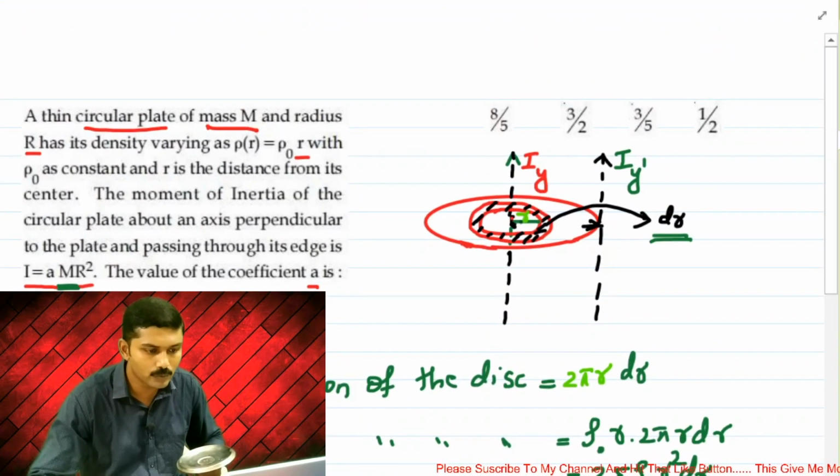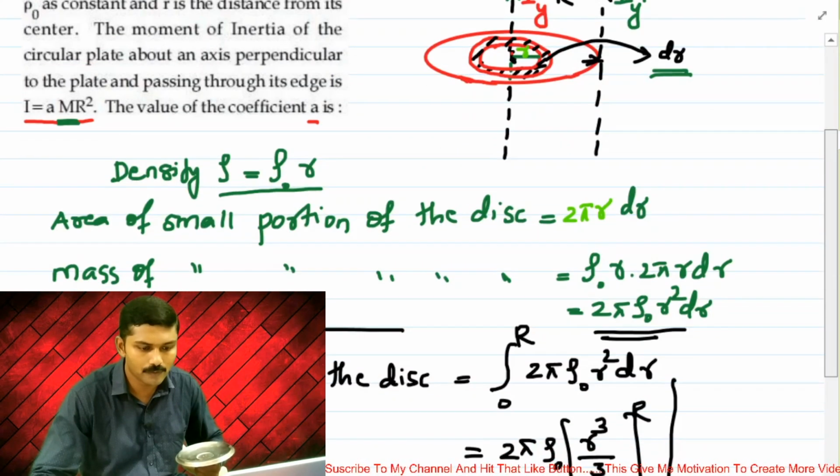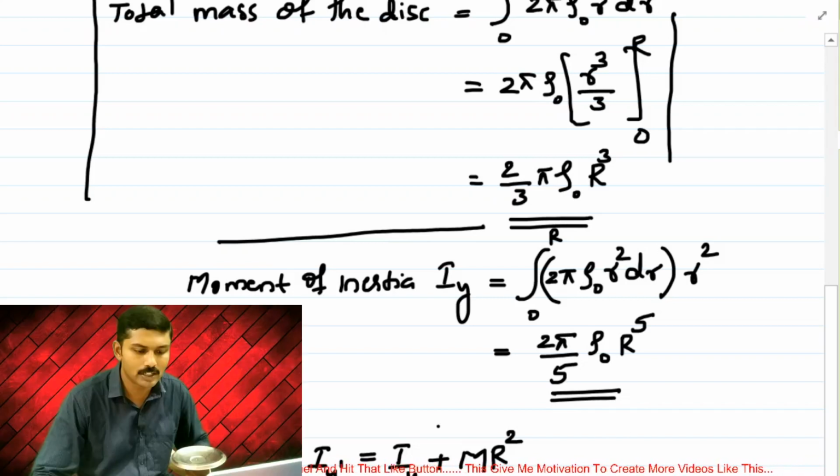This was the axis; I have to shift it from here to here. That means the distance is r, so you substitute r square, but basically it has to come there as k square. What is k? K is called the radius of gyration.